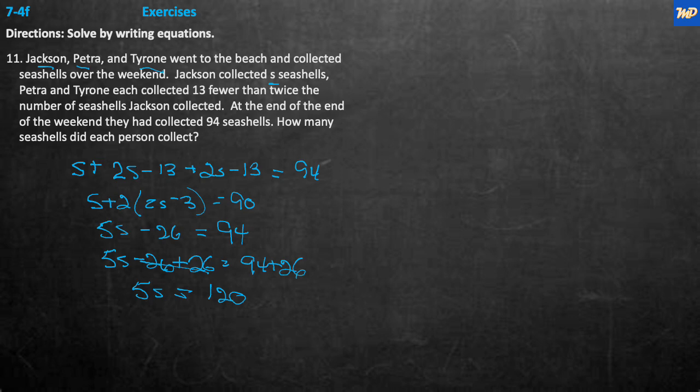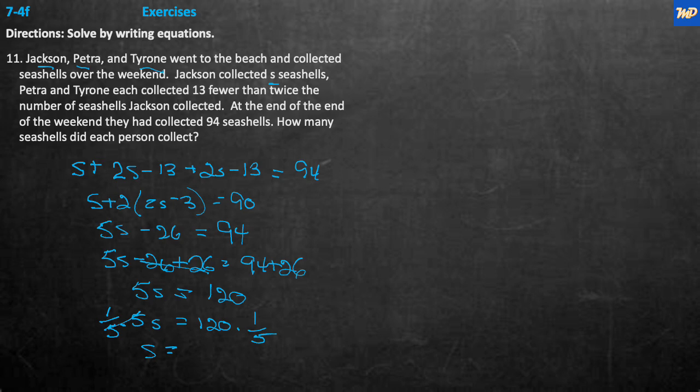So to find out how many shells Jackson had, S, we have to get rid of the coefficient, which is 5, by multiplying by 1 over 5 times 5. S is equal to 120 times 1 over 5. These cancel, so S is equal to 120 divided by 5, which is how much?